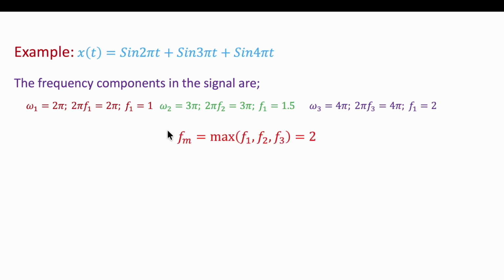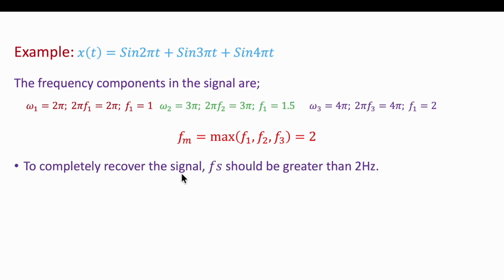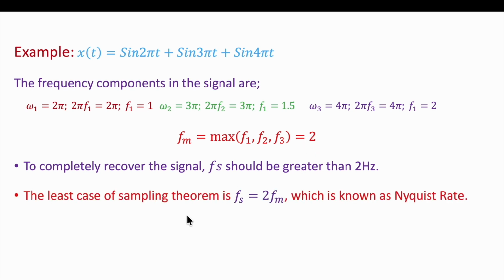So you can calculate fm, which is the maximum of these three frequencies, max of f1, f2, f3, so the max is 2. So fm is equal to 2. To completely recover that signal, fs should be at least 2 times 2 hertz, so it should be 4 hertz.